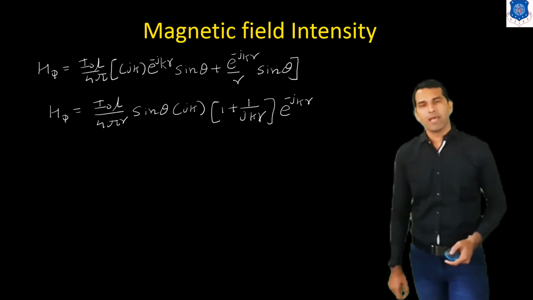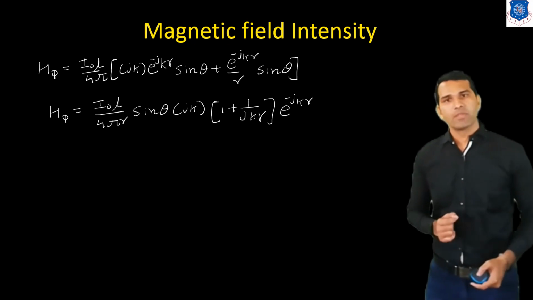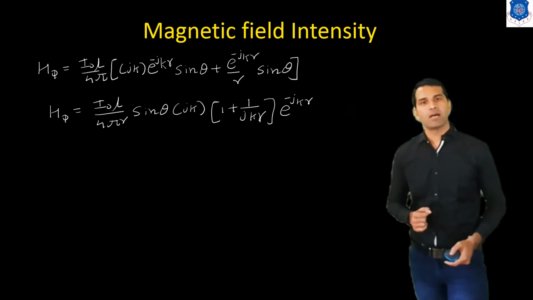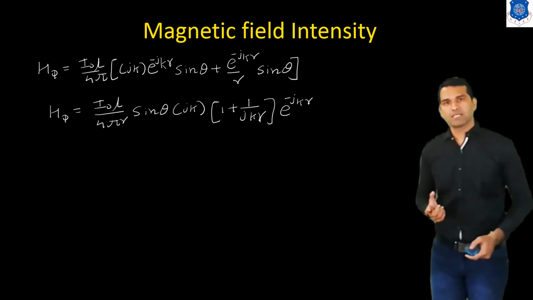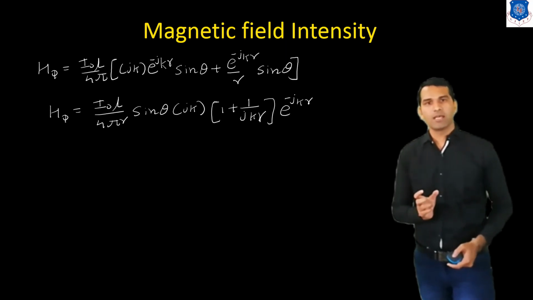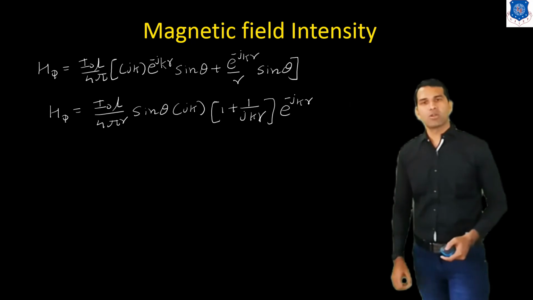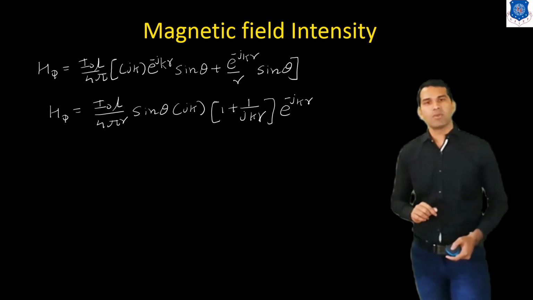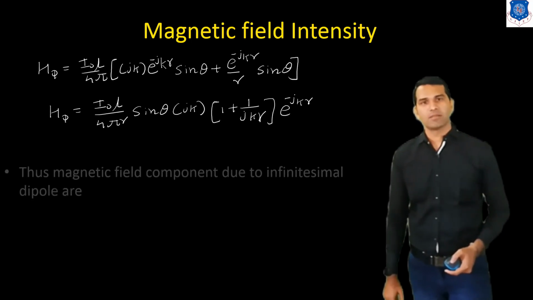So we get H phi is equal to I0 L upon 4 pi, jk e raised to minus jkr sin theta plus e raised to minus jkr upon r sin theta. We take e raised to minus jkr as common, and we can write H phi is equal to I0 L upon 4 pi r sin theta, jk into 1 plus 1 upon jkr, e raised to minus jkr.